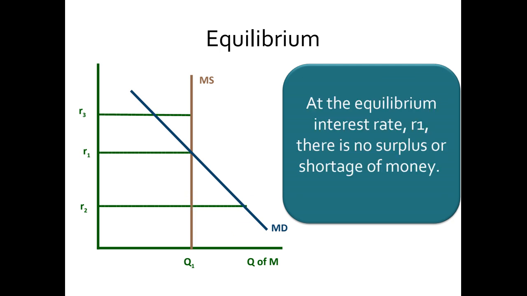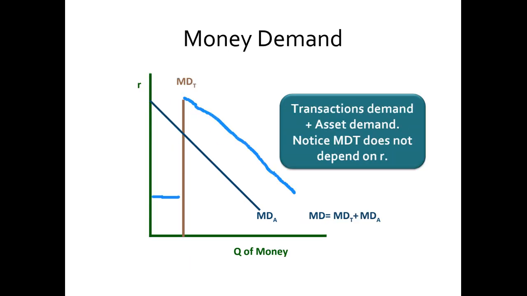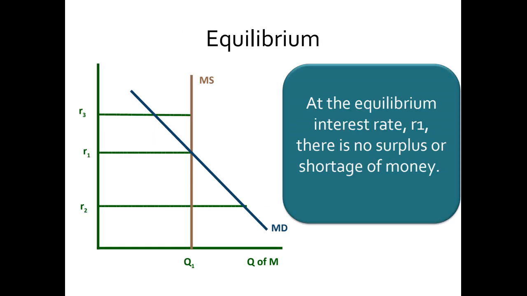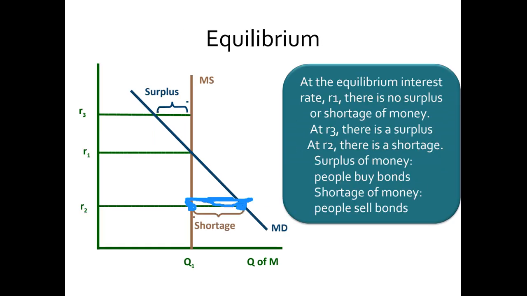I'm talking about only two demands, transaction demand and asset demand for money. So if there's a surplus in the money market, it means that the supply of money is more than the demand for money. By demand for money, I mean both transaction and asset demand for money.